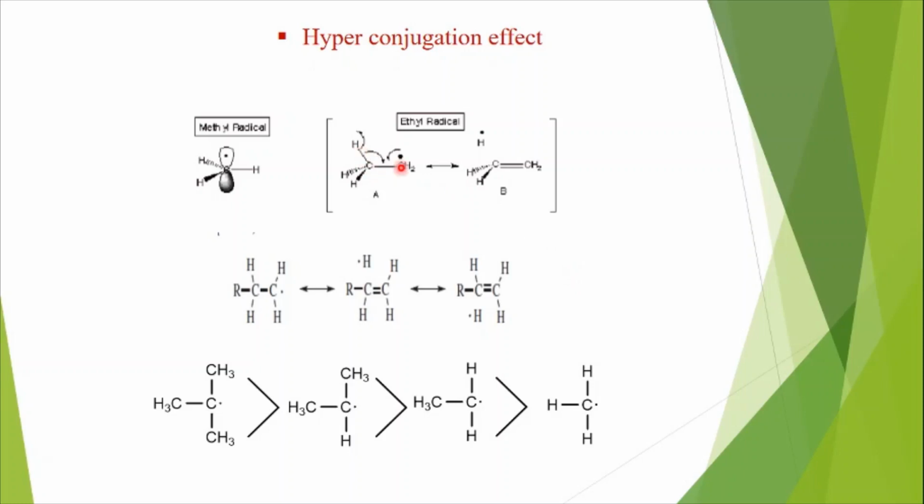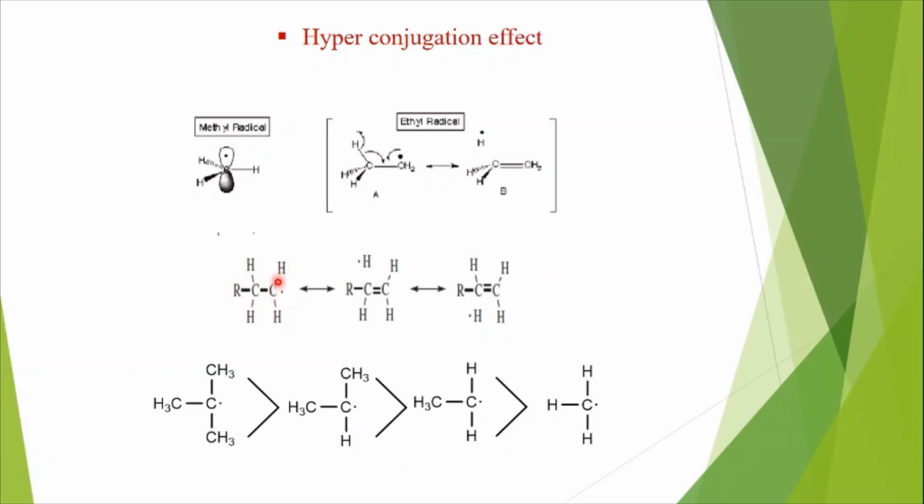So you have this alpha carbon, and this beta carbon having this hydrogen; this beta hydrogen is delocalized by hyperconjugation. The CH bond breaks homolytically. You will get H radical and C radical combined with this CH2, and you will get this carbon double bond. This is your methyl radical. Same here, the image shows the hyperconjugation effect.